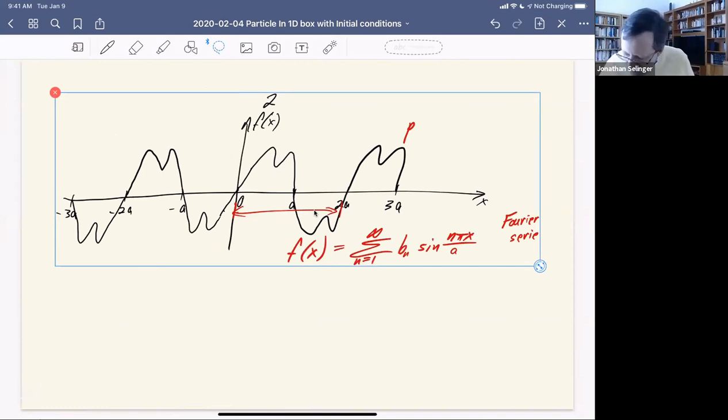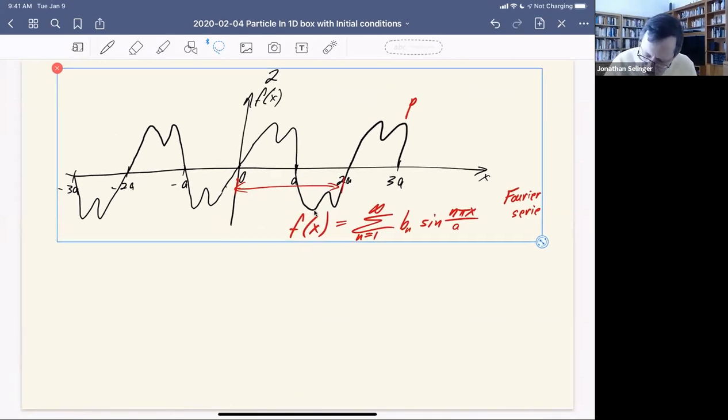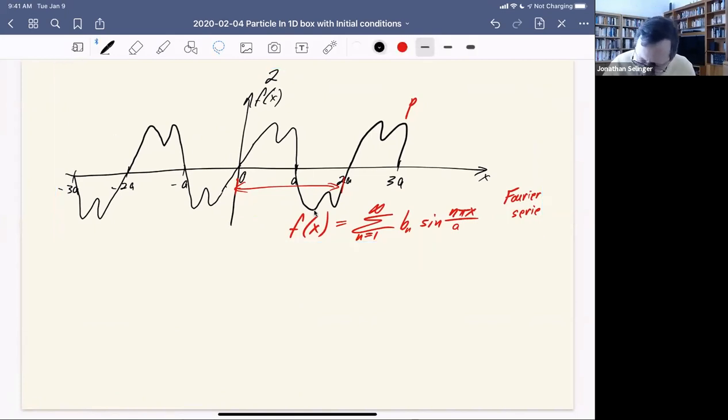Okay, paste. So this Fourier series represents the function on the infinite domain. But now suppose I start erasing. Suppose I say, I don't actually have a domain that goes all the way from minus infinity to infinity.